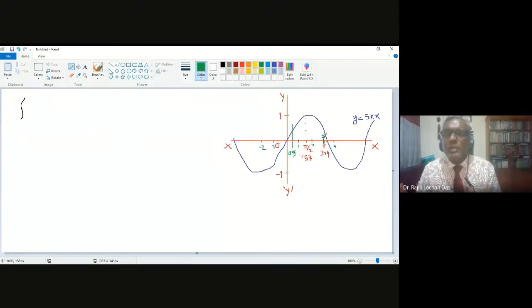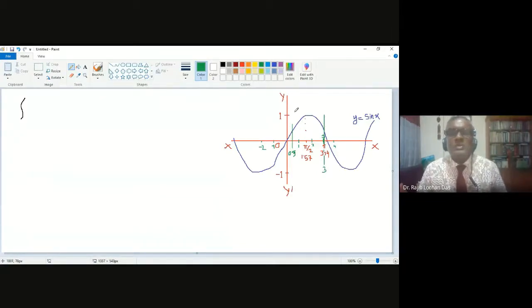And the upper boundary is, say, 3. So I am giving you 0.5 to 3. This is the boundary given.